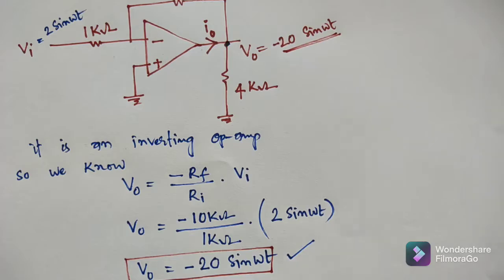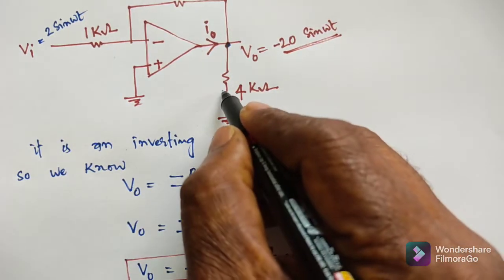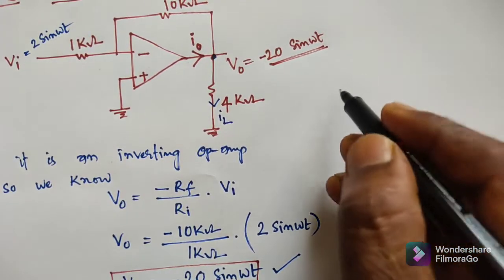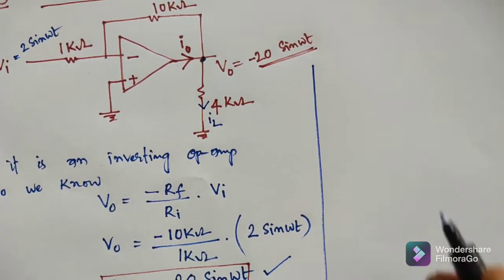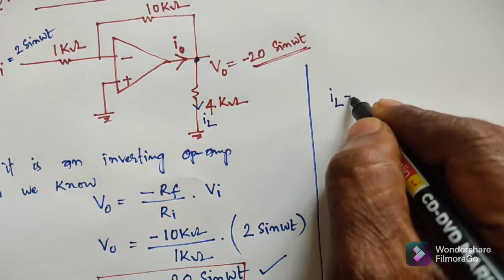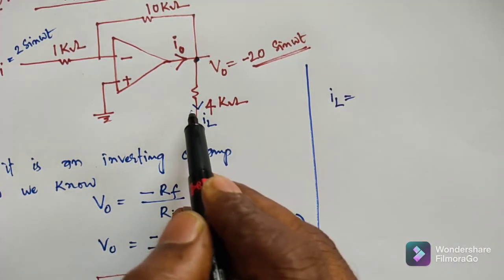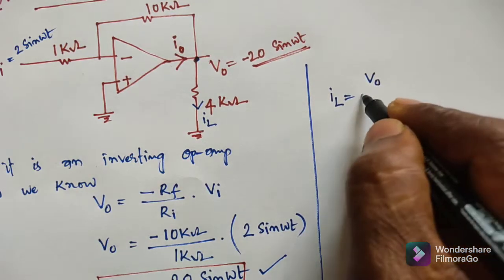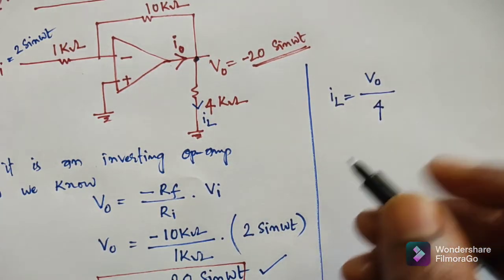Based on this expression, you have to calculate IL, which is the actual branch current of this 4 kilo ohm resistor. Simply, take the voltage V0 divided by the resistance 4.